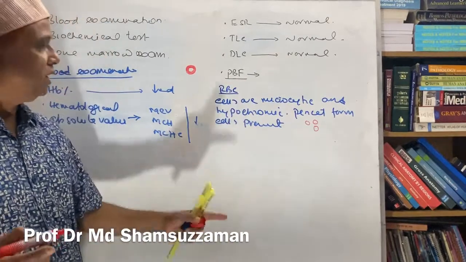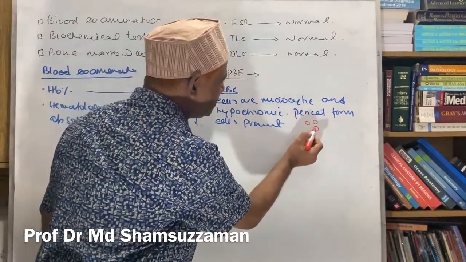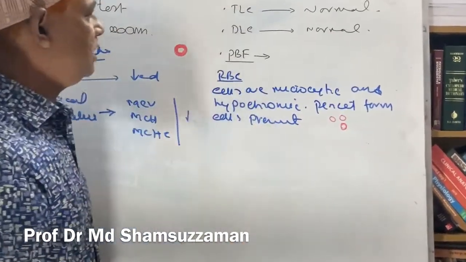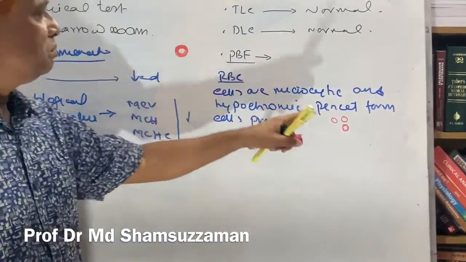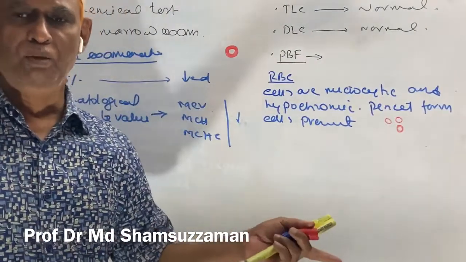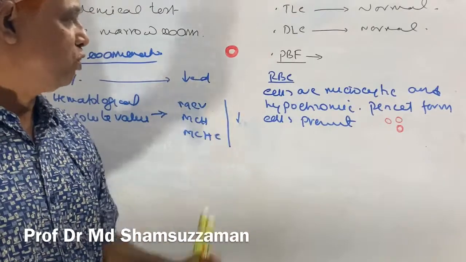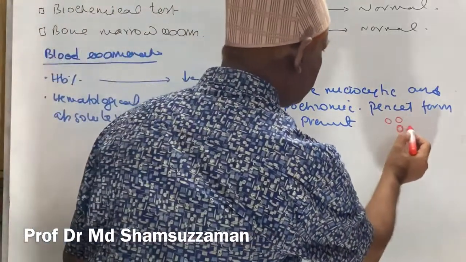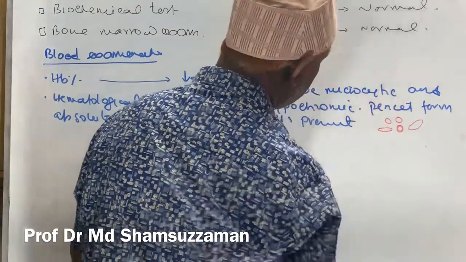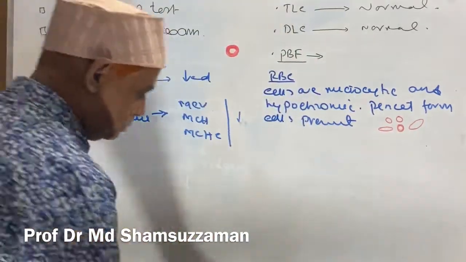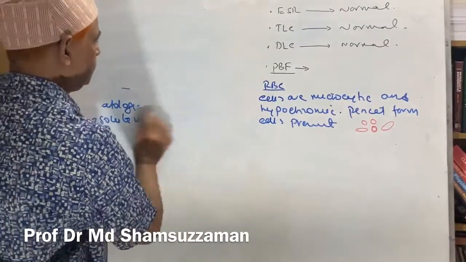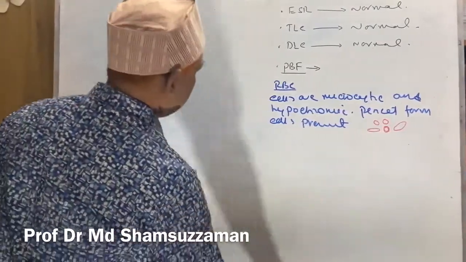Hypochromia, how it is indicated: the central pale area will be increased. In normal RBC, the central one-third is pale, but in iron deficiency anemia, more than one-third of the central part will be pale. It indicates hypochromia. In addition to this, we will get elongated pencil-form RBCs. This is the pencil-form RBC. It is the characteristic feature of iron deficiency anemia in peripheral blood film. So this is the RBC series in the peripheral blood film.